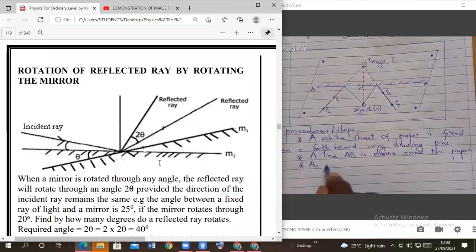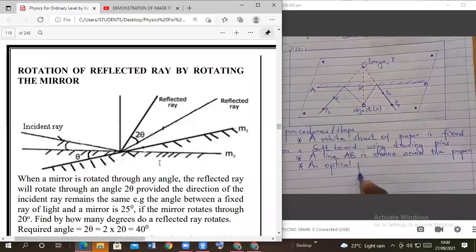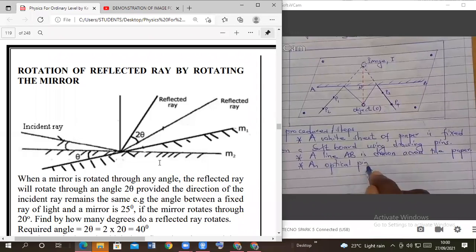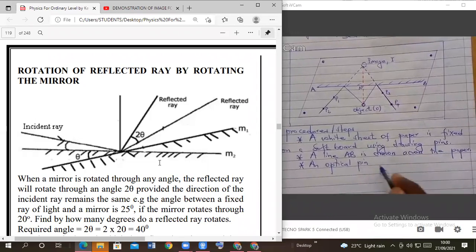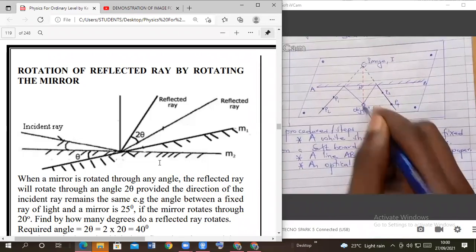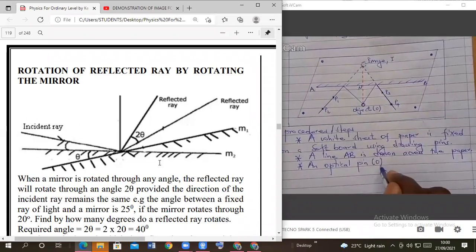An optical pin O, which is this one. An optical pin O.